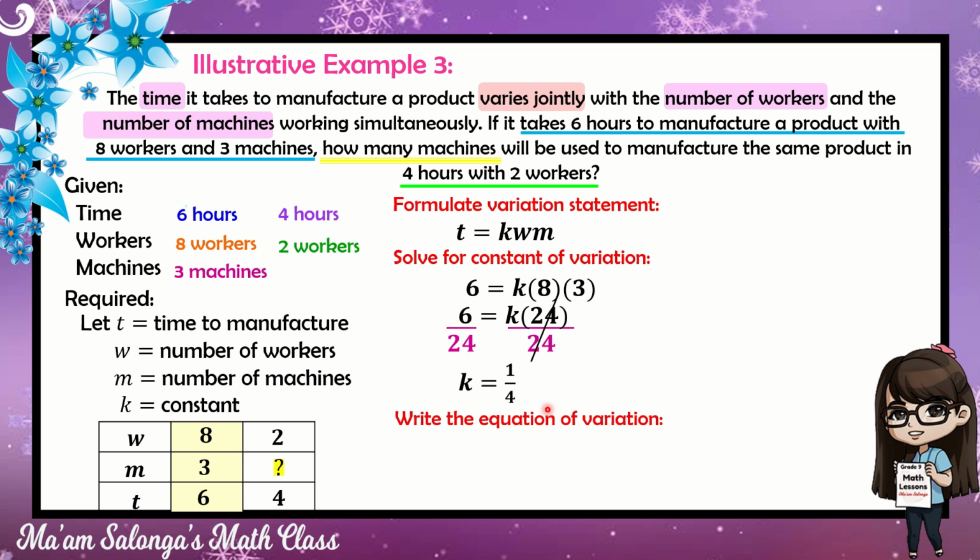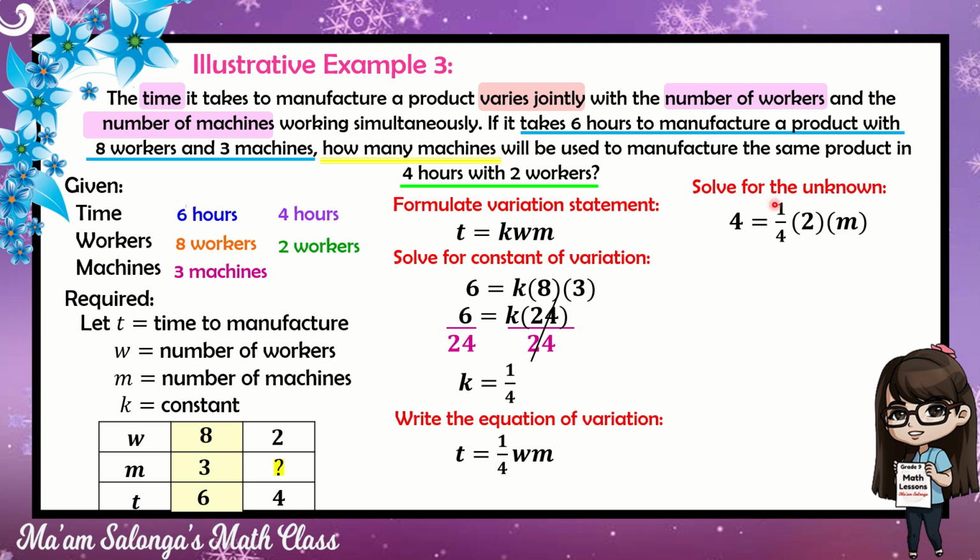Then, write the equation of variation. Let's just replace K here by the obtained value. We have T equals to 1/4 WM. Now, let's solve for the unknown. Dito sa ating equation of variation, ang unknown ay M, nandito siya sa loob ng ating equation. So, let's just substitute.